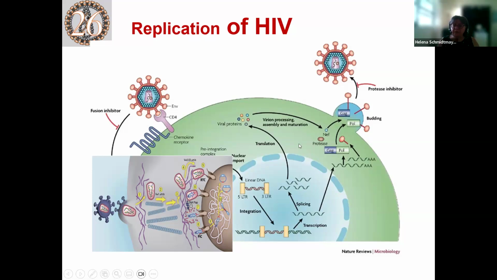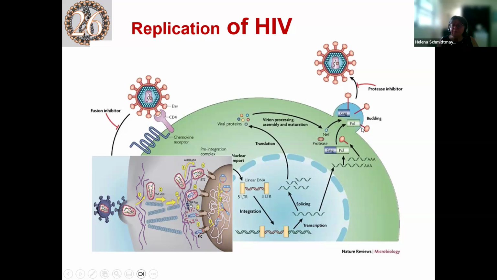Viral proteins are synthesized. Viral GP120, respectively, is synthesized as polyprotein GP160, which contains both GP120 and GP41. So GP160 is targeted to the membrane, where Gag-Pol and viral proteins are assembled, and viral RNA as well.